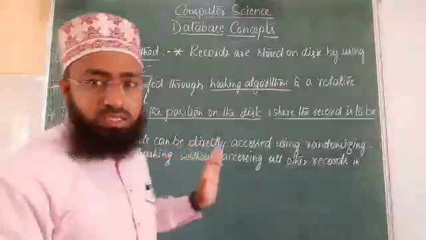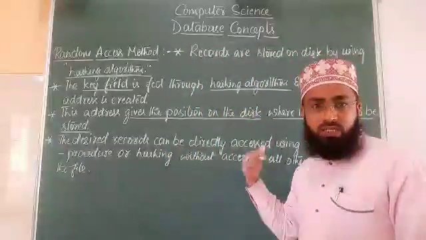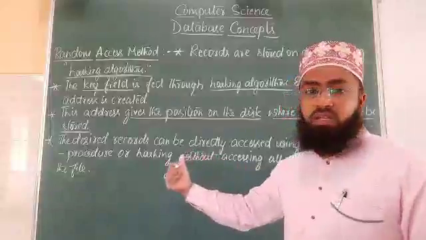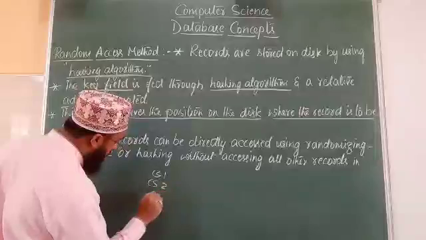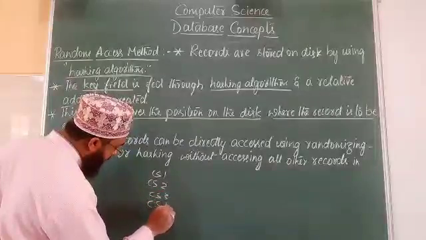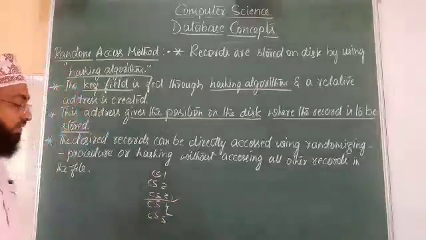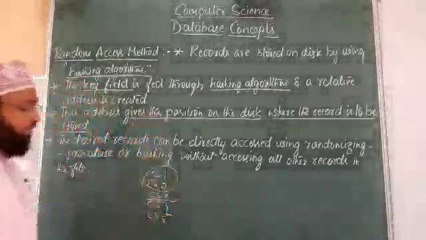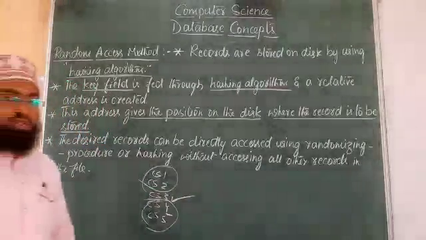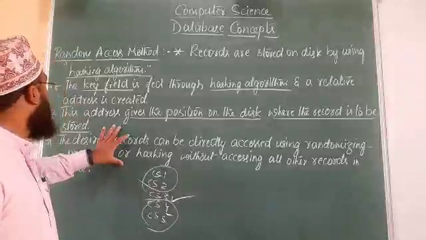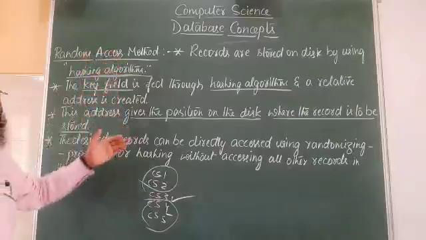Just as I have shown you, that is CS1, CS2, CS3, CS4 and CS5. If you want to search CS3, then without accessing all the other records, CS3 can be accessed directly. This is what the fourth point is explaining. Hope you have understood the random access method.